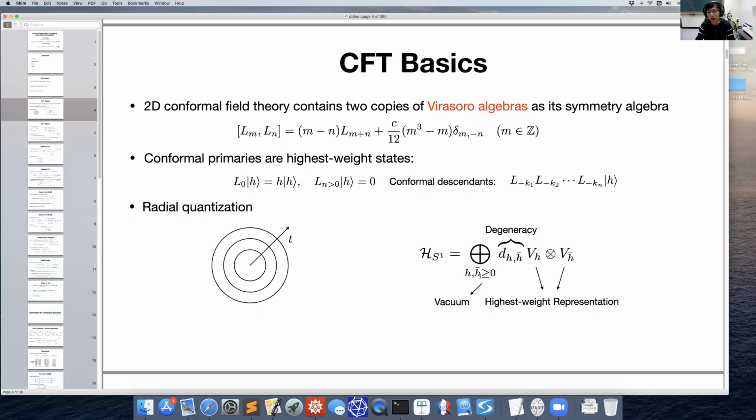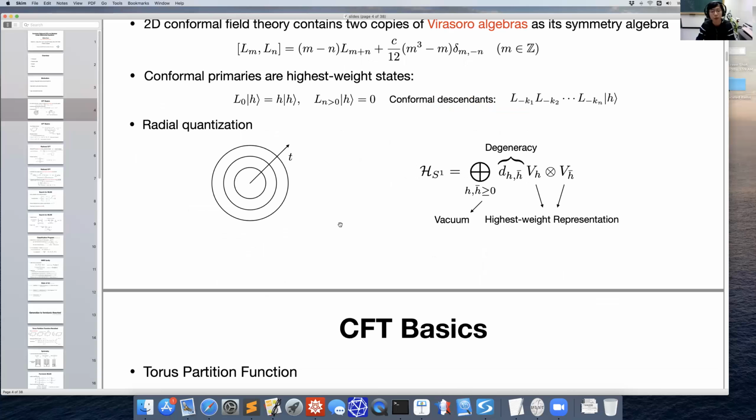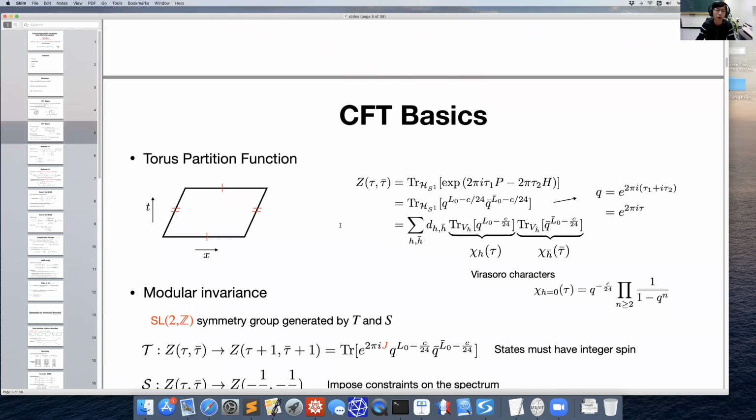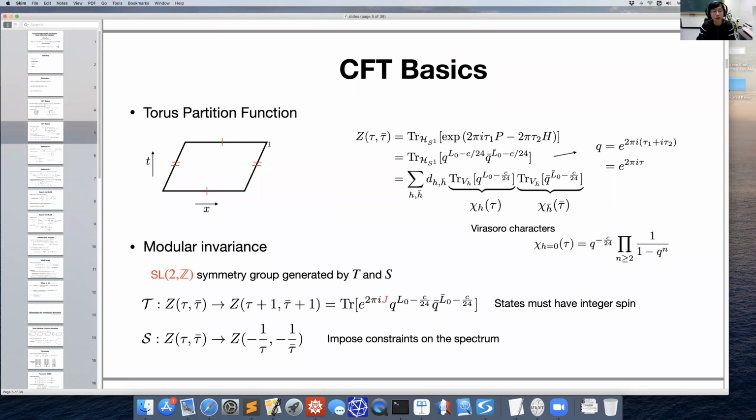And if h and h bar are equal to 0, then that labels the vacuum of the CFT.